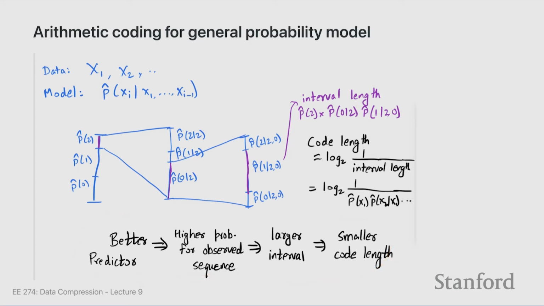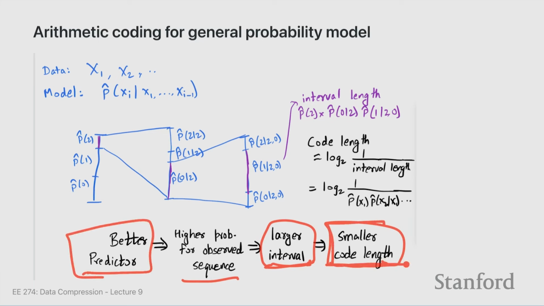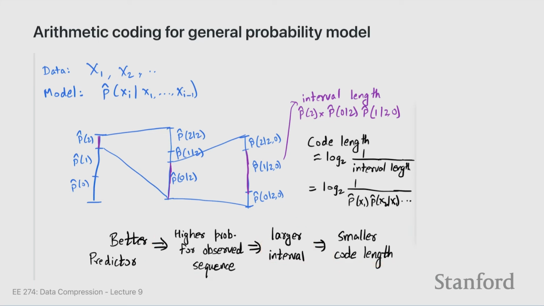If you have a good predictor for English, then it will say that after a Q, you are most likely going to get a U. So a better predictor will give you higher probabilities for the thing you actually observe. Higher probabilities lead to larger intervals in arithmetic coding because the interval length is a product of the probabilities, which gives you smaller code length. So the chain is basically: better prediction gives you smaller code length. So better prediction gives you better compression.